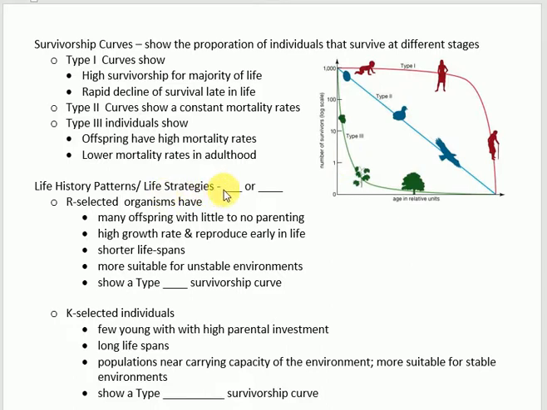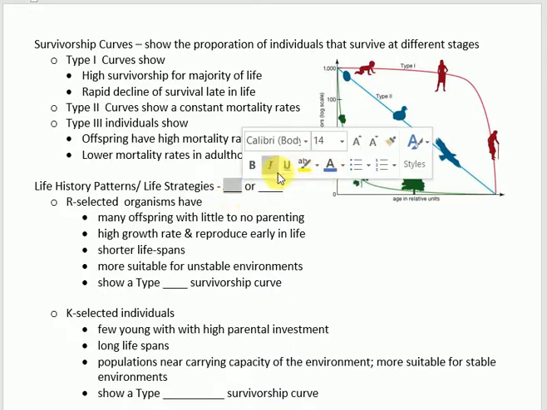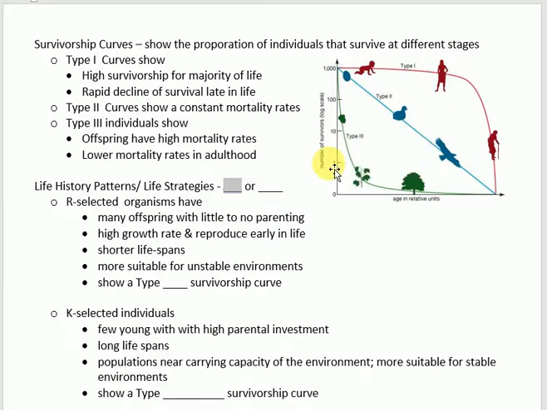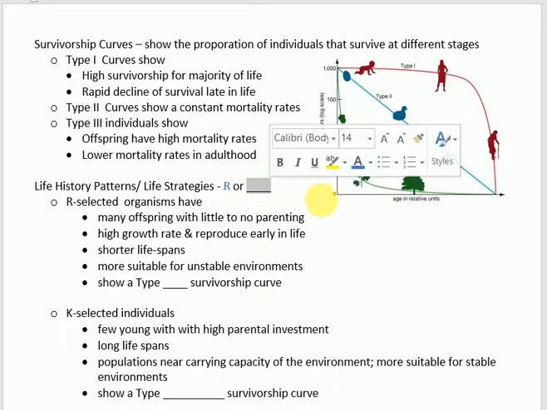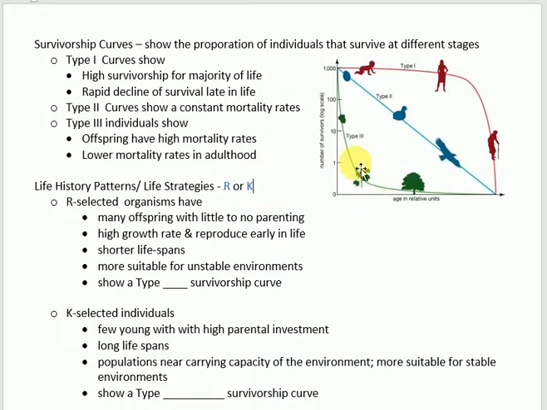And then there are life history patterns, which are also referred to as life strategies. There are 2 types of this. We have R, and then there is also K. The R-selected organisms are going to have lots of offspring with very little to no parenting.